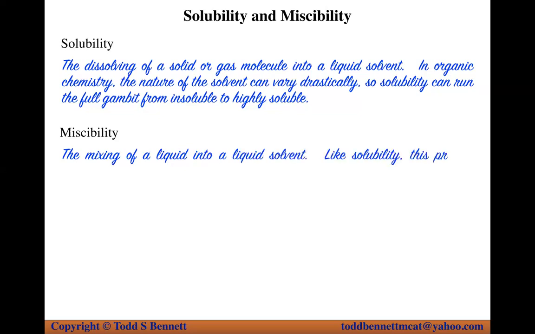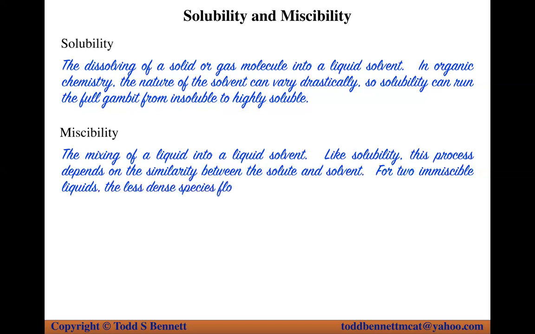So you mix things of similar nature, which means a liquid is mixing into another liquid. So miscibility is mixing, solubility is dissolving. So just subtle differences. But they're basically the same scenario.